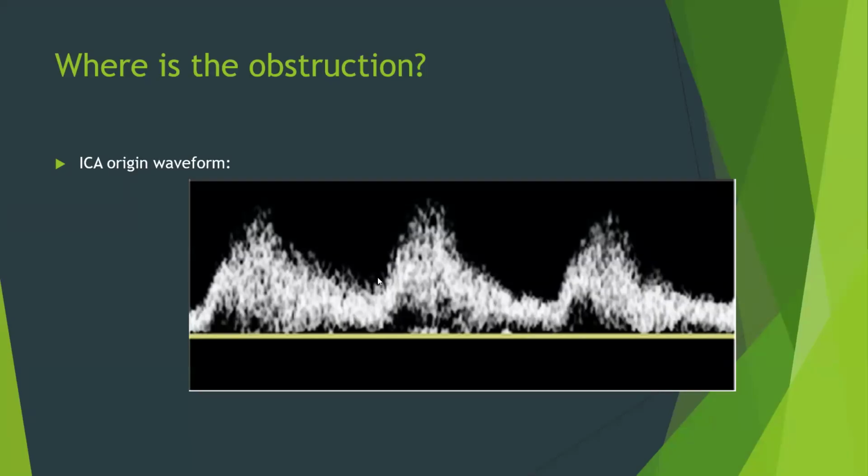This may be normal in the bulb itself in the ICA origin. I'm seeing a delayed upstroke, so I'm assuming more proximal disease. But let's take a waveform distal to this point, maybe in the proximal ICA or the mid ICA, and see what that acceleration time and waveform look like.